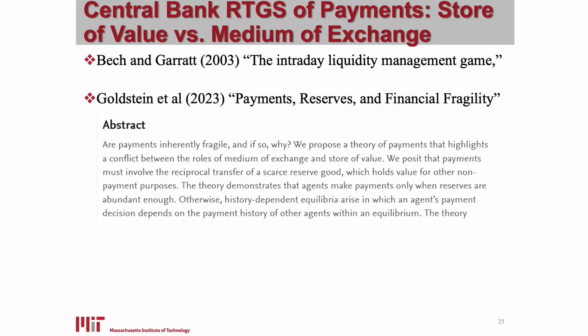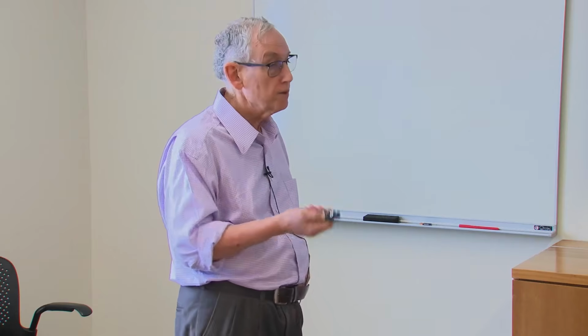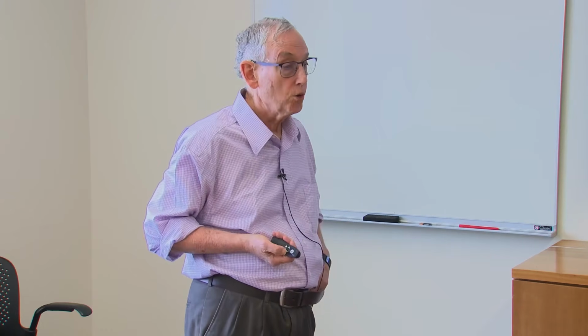Payments must involve a reciprocal transfer of the scarce reserve good, which holds value for other purposes, namely not just for transactions, but as a store of value. The theory demonstrates payments are made only when reserves are abundant enough. Otherwise, we get history-dependent equilibria. So this is building on global games.